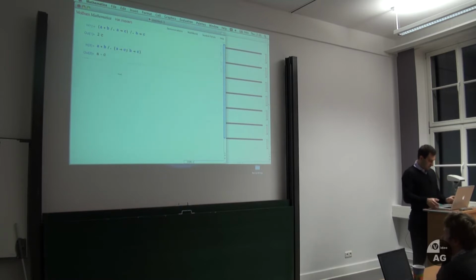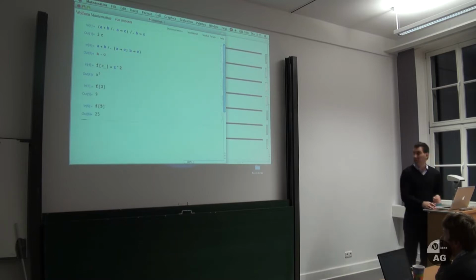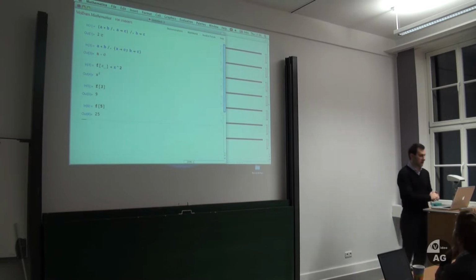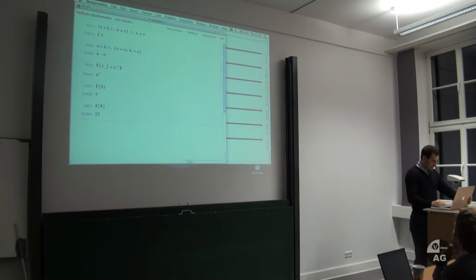Second question came up last time: what if I define my function like this, which is perfectly fine. Now I say f of 3 is 9, f of 5 is 25. So the question was, what's the point in using a delayed assignment? That's a very pertinent question.